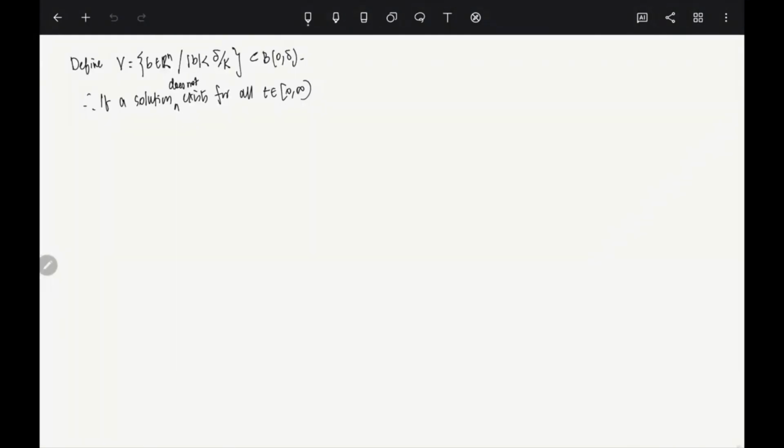So basically what we are assuming is this: if the solution does not exist for all time t, then you cannot put it in B(0, delta) bar. Then x(t), the trajectory, cannot be contained in B(0, delta) bar for all t.